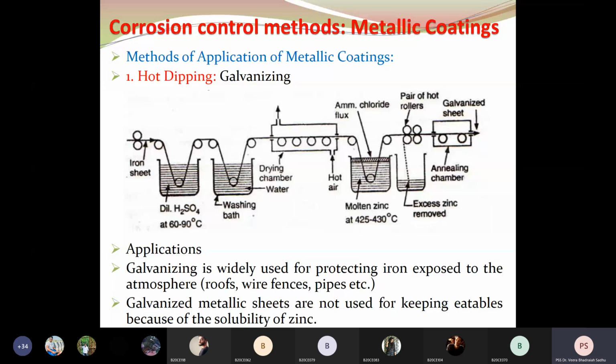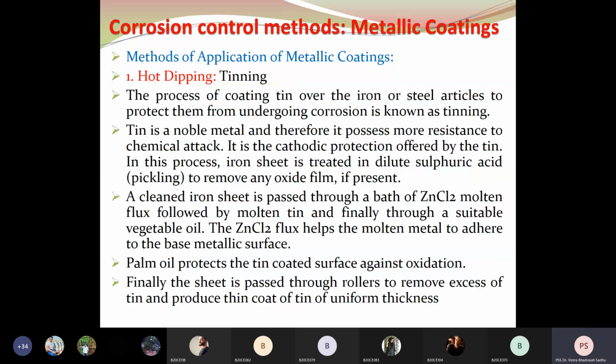So the next process is tinning. Tinning is another process of hot dipping. You can coat tin over iron or steel to protect it from corrosion, and that is known as tinning.